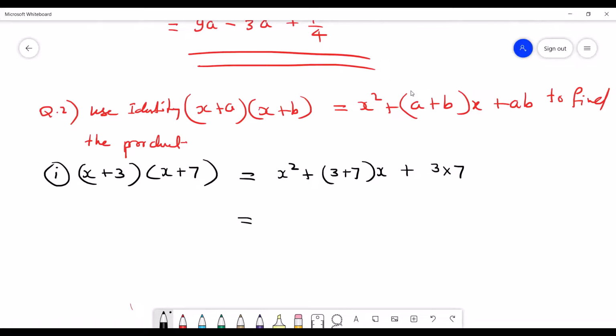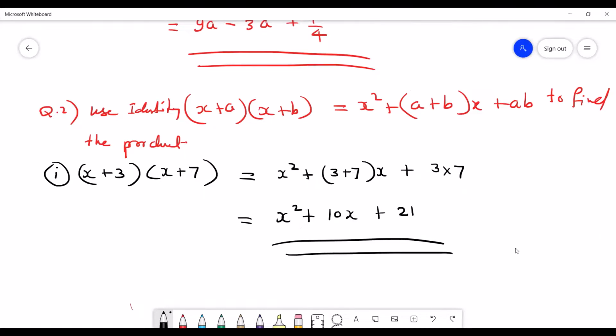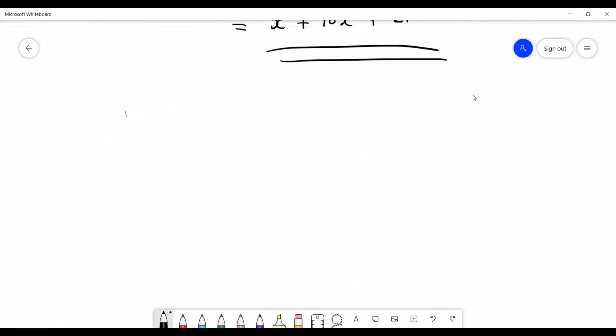So this is equal to x square plus 3 plus 7 means 10, 10x plus 3 into 7 means 21. So see, this is the answer for the given question. Now let us consider one more question here. The question number 3 we will consider here.